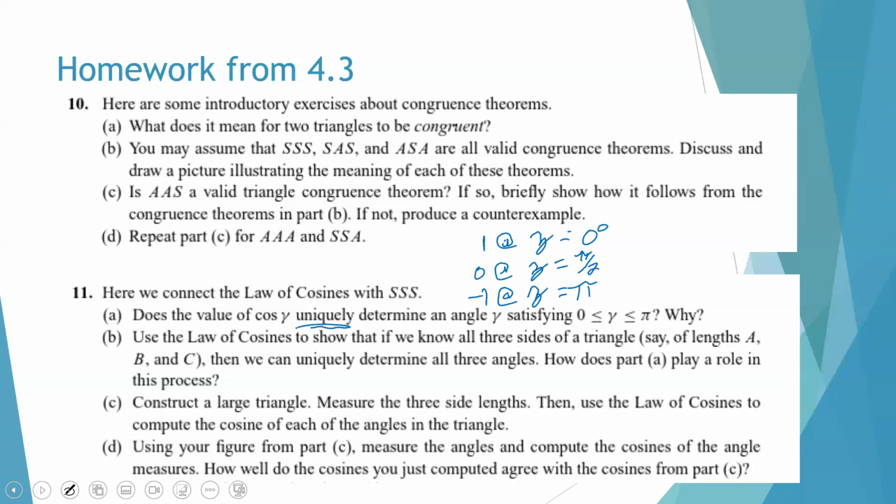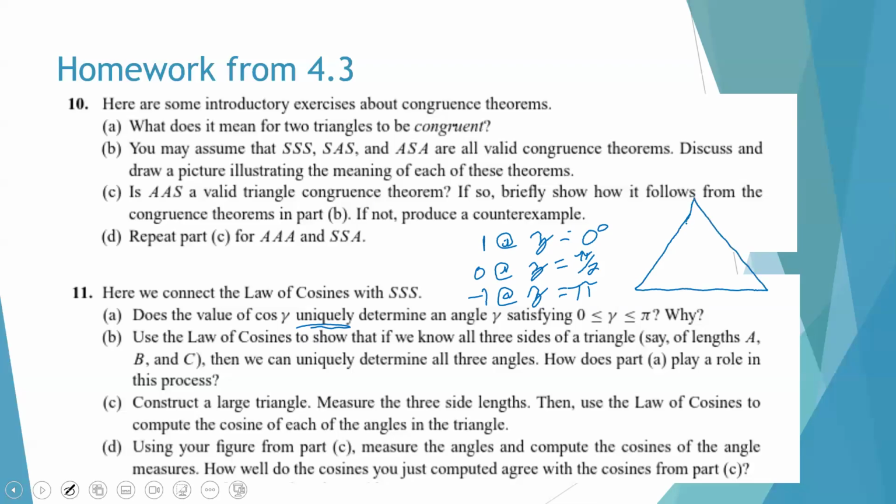What's B? B, if you know the three sides of a triangle, then the law of cosines says, use the law of cosines to show that if we know all three sides of a triangle, say the lengths A, B, C, that we can uniquely determine all three angles. How does part A play into this? Well, maybe make gamma opposite side C, you would have a triangle that looks something like this.